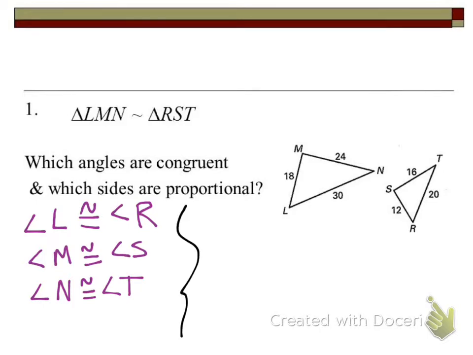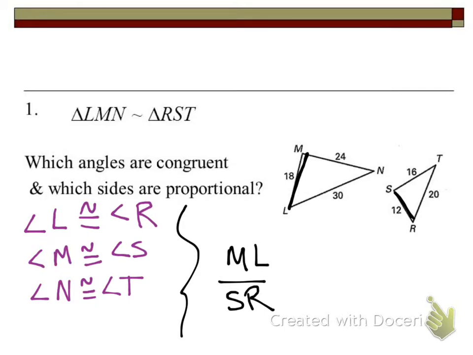Okay, now let's look at the sides. This is where it gets a little different. So remember, they're proportional. So we're going to write some proportions. Proportions are ratios that are equal to one another. So I want to write a ratio using corresponding sides. So which side should line up with LM? RS. Good. So I'm just going to write a ratio. ML and SR. Or you could call it LM and RS. It's really up to you. They're the same thing.